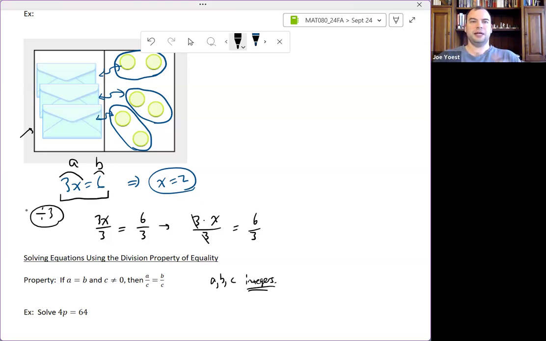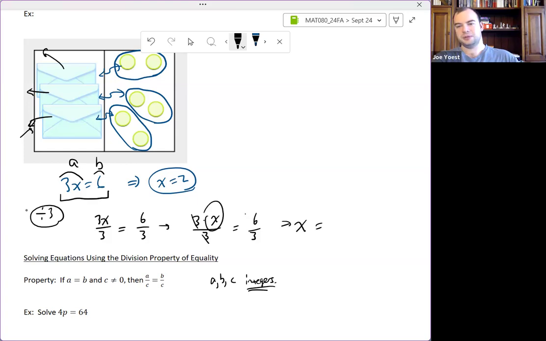If I say I have 3 envelopes and then I split them into 3 groups, each group just has 1 envelope. If I had 3 pieces of candy and I split them into 3 different bags for 3 different kids, each bag gets 1 piece of candy. So 3 of these things divided in 3 parts just gives me 1 thing in each.